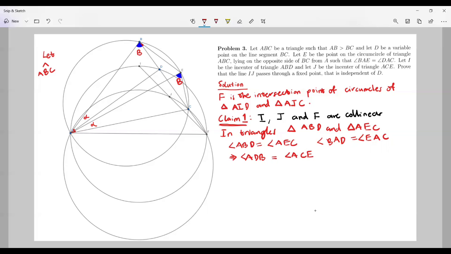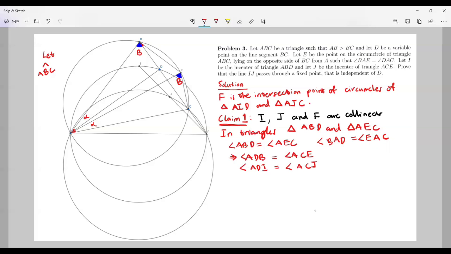Since I lies on the angular bisector of each of the angles in the triangle ABD, and similarly for J in the triangle AEC, we can see that this implies that ADI is equal to ACJ.